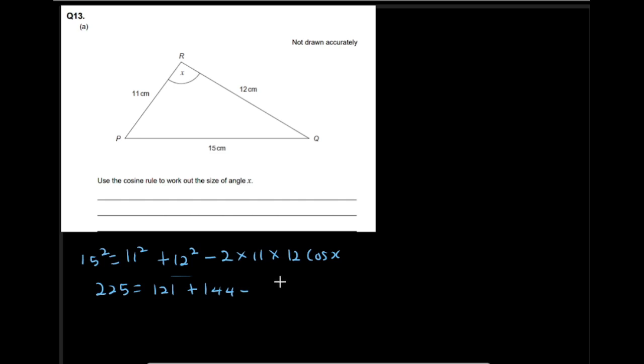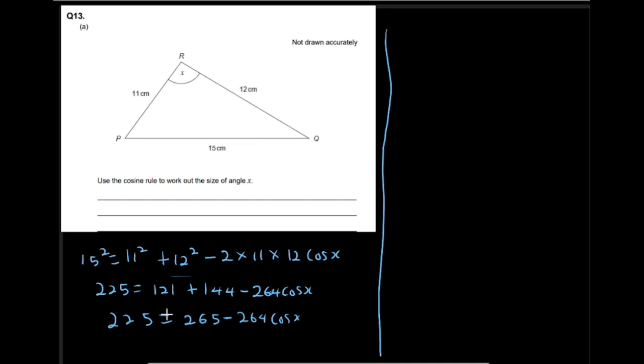That will give us 264 cos x. So 225 equals 121 plus 144, which is 265, minus 264 cos x.